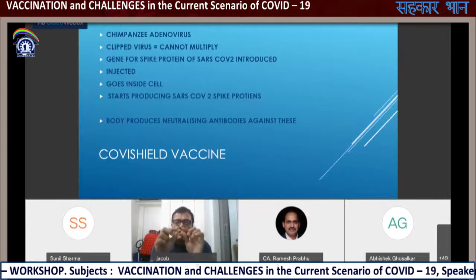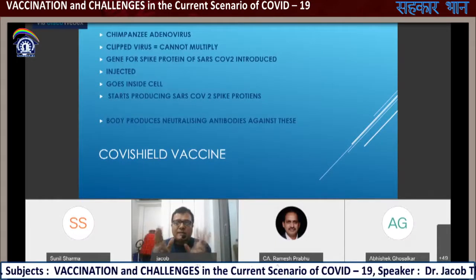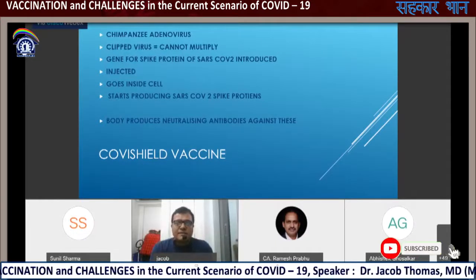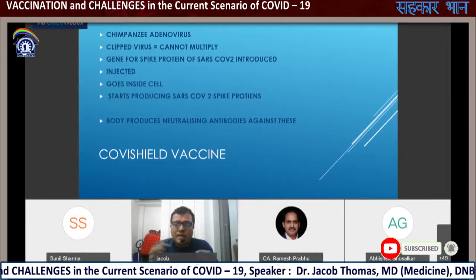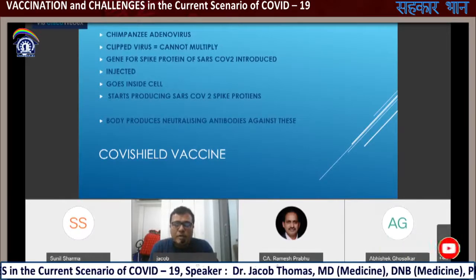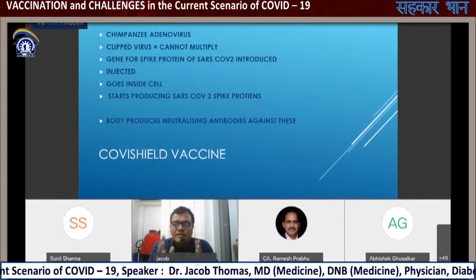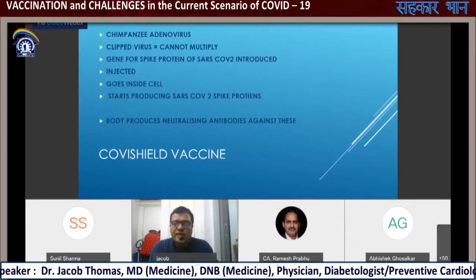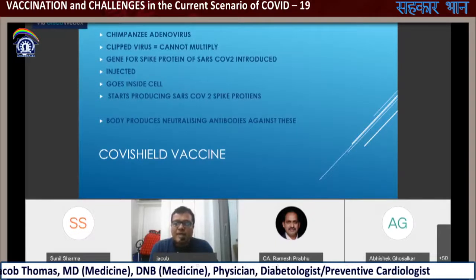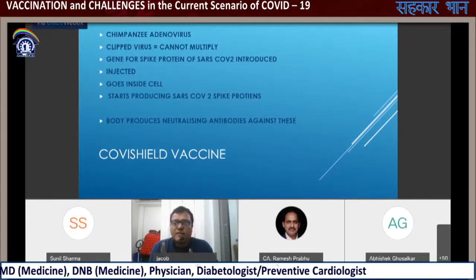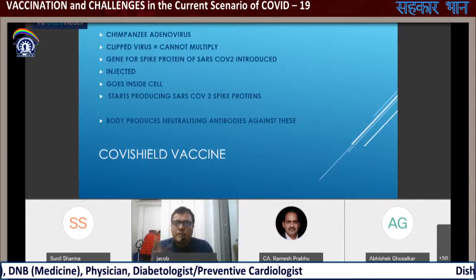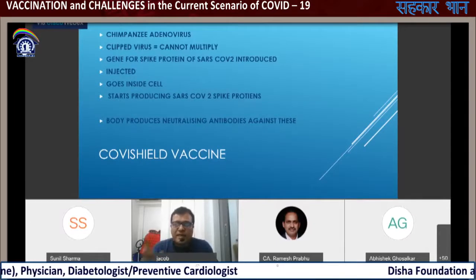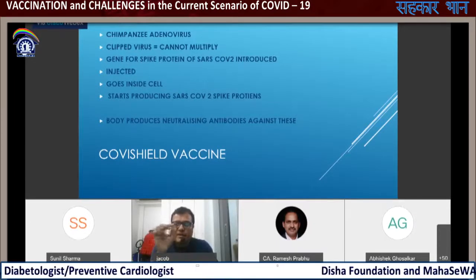And they cut the virus in such a way that the adenovirus cannot multiply inside the human body. So this is one safety issue which I am trying to stress, that the Covishield vaccine has an adenovirus, but that adenovirus cannot multiply inside the human body because it has been clipped. The virus has been cut in a definite portion.